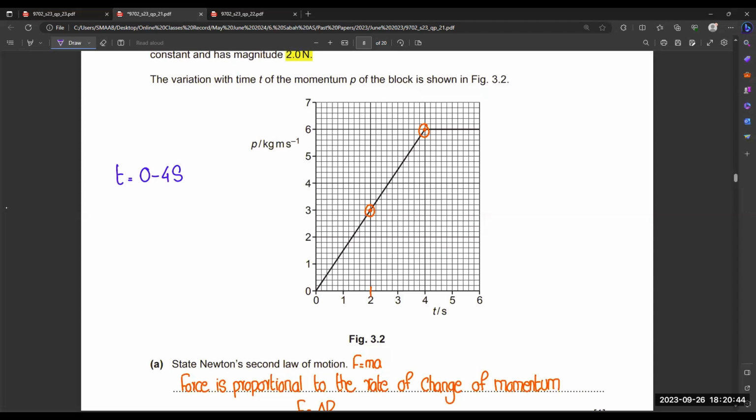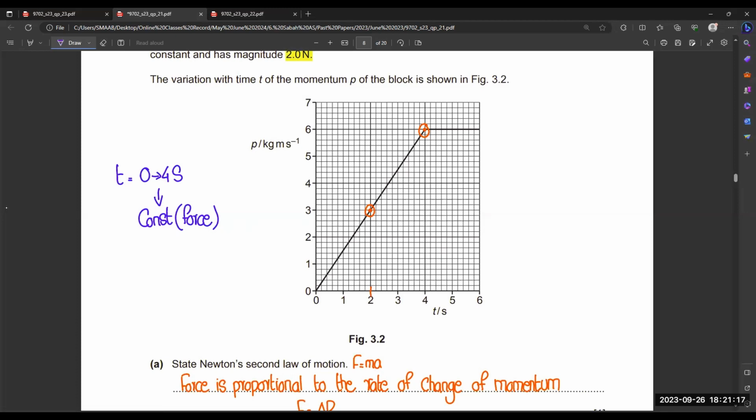After 4 seconds, between 4 and 6 seconds, the momentum of the body remains the same, right? So till 4 seconds you have to mark one position, and after 4 seconds a different position.